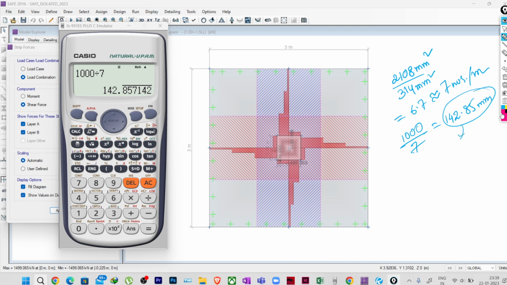We always provide spacing in multiples of 25. So I can consider less than this value, which is 125. Okay, so we will be providing T20 at the rate of 125 mm center to center both ways.